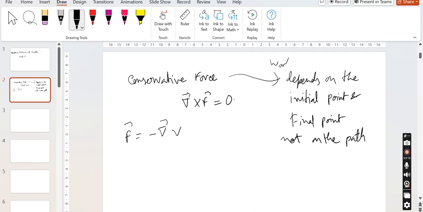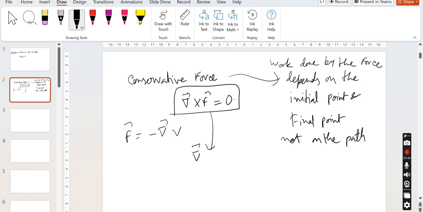Work done by the conservative force. Okay, so the curl of F should be 0. How can we say that? When we take a conservative force and take its curl, that is 0, because the curl of any gradient is 0. If it is a conservative force, then force is equal to the gradient of the potential energy.